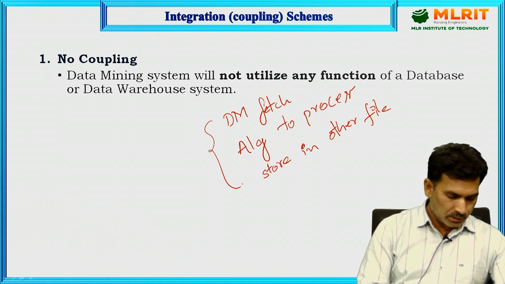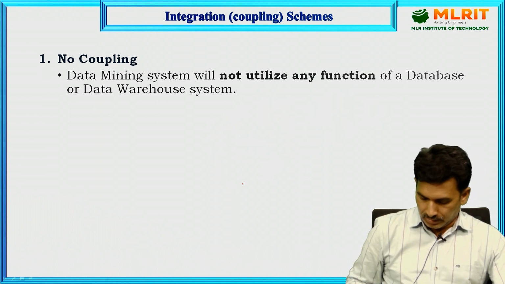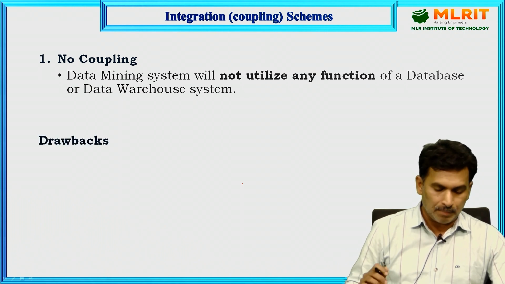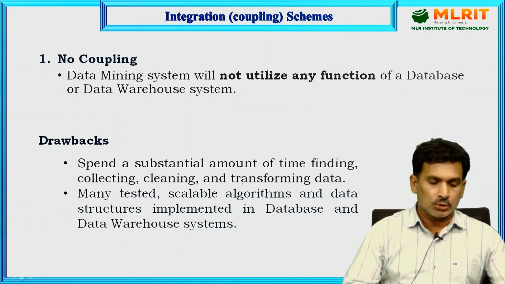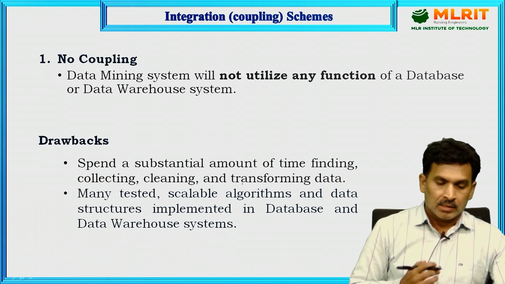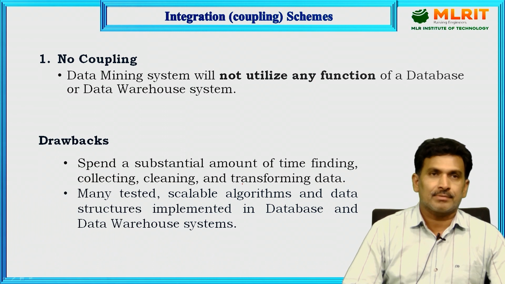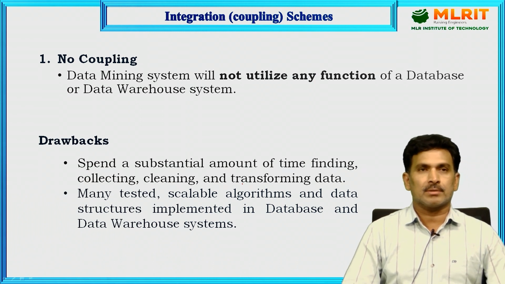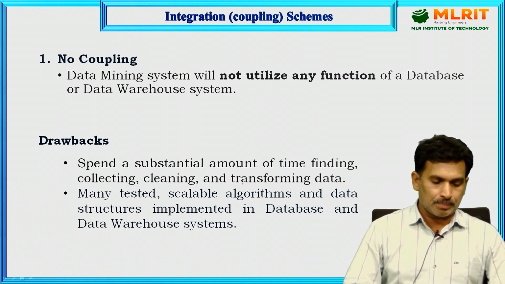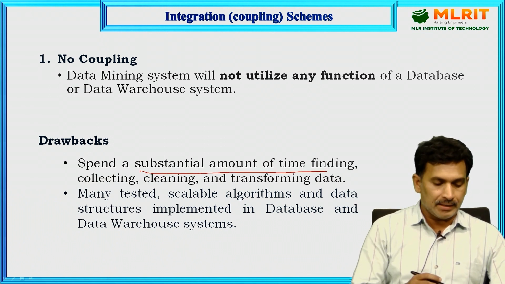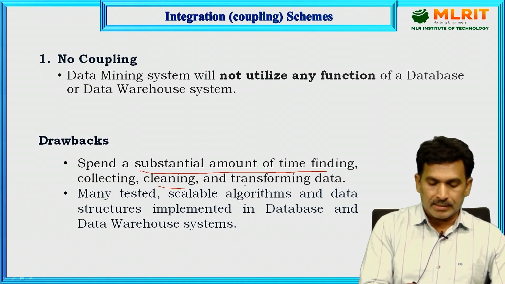Let us see the drawbacks of this no coupling integration scheme. We have mainly two drawbacks. One is that, since the data mining system will not utilize any functions of a database or data warehouse system, it has to spend a substantial amount of time finding, collecting, cleaning and transforming the data.